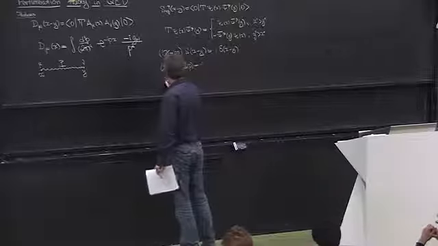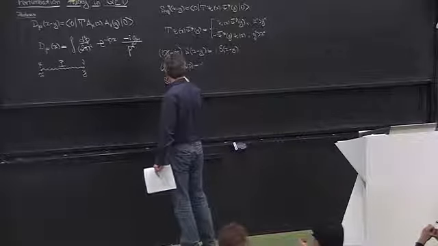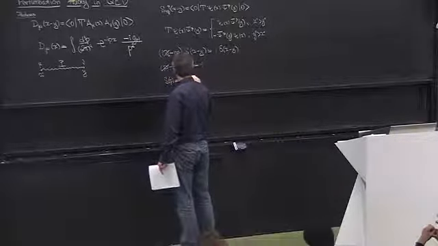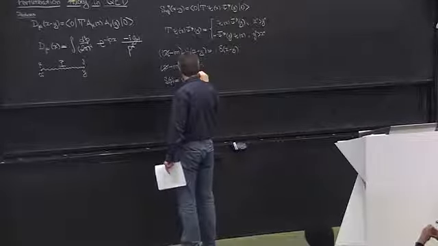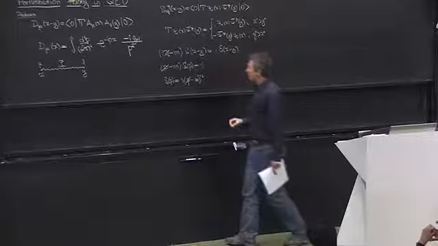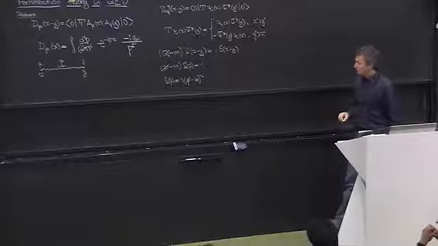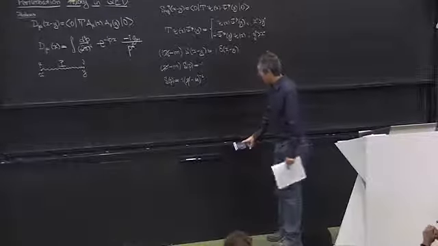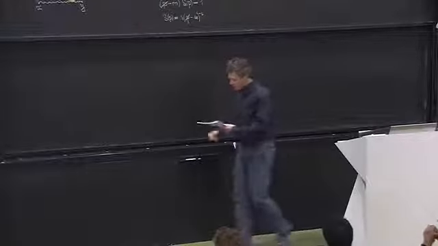So S of p is equal to i times the inverse of the 4x4 matrix that has this form. Fortunately, there is a trick to do it.